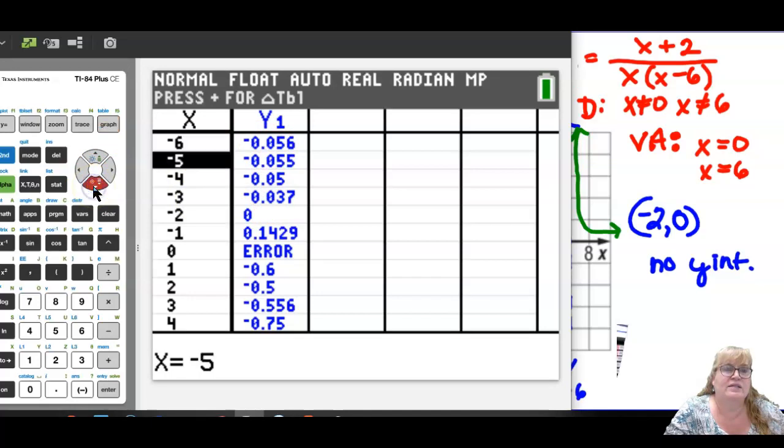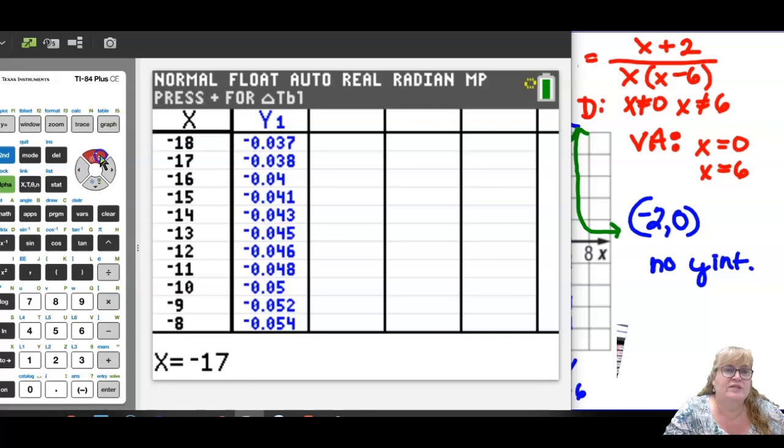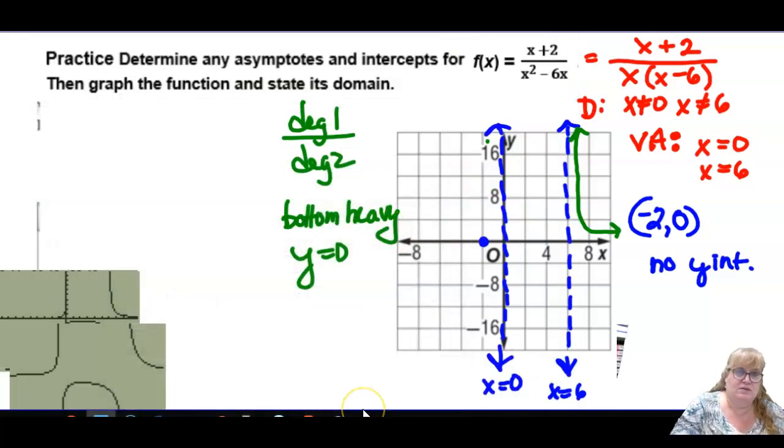Okay, it did cross that asymptote, but they are getting smaller and smaller. They stay very, very close to the x-axis. So, where's my cursor? Here we go. It comes down here, crosses, and stays really close. Okay? It can cross a horizontal asymptote.